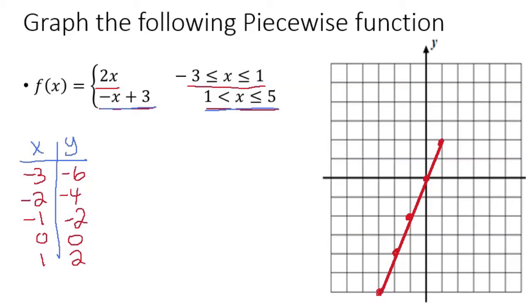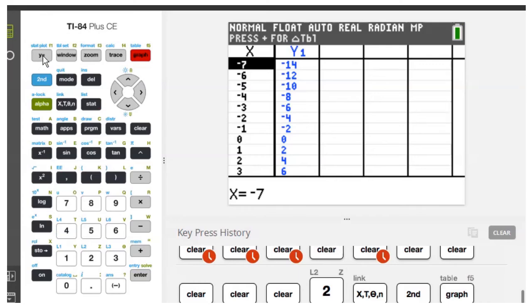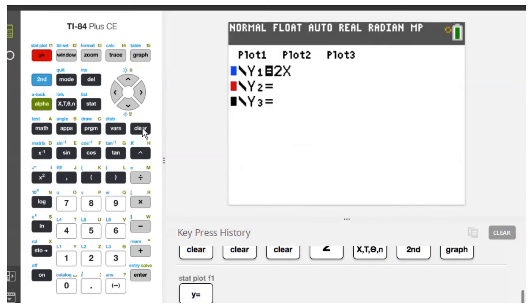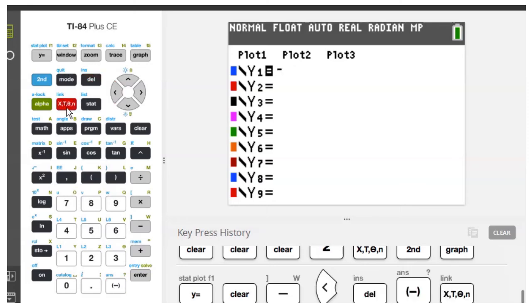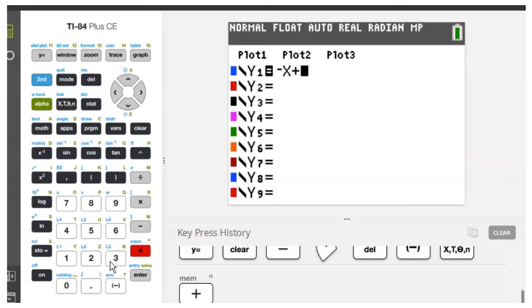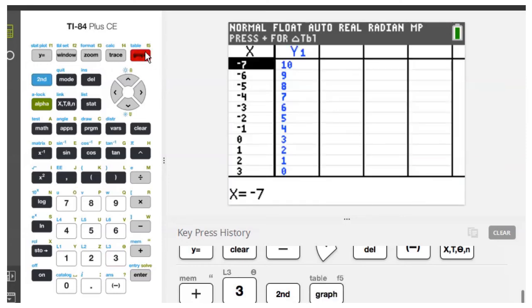So I need to go back to the calculator and put my function in to graph. I'm going to put -x plus 3 in the calculator. And I'm going to look at the table, and I need to look at values between 1 and 5.